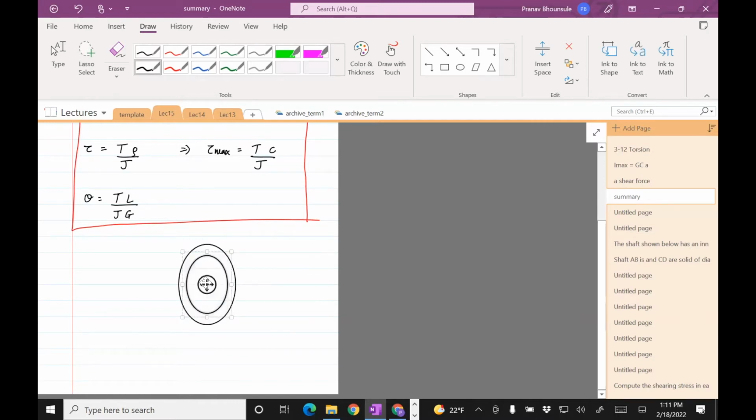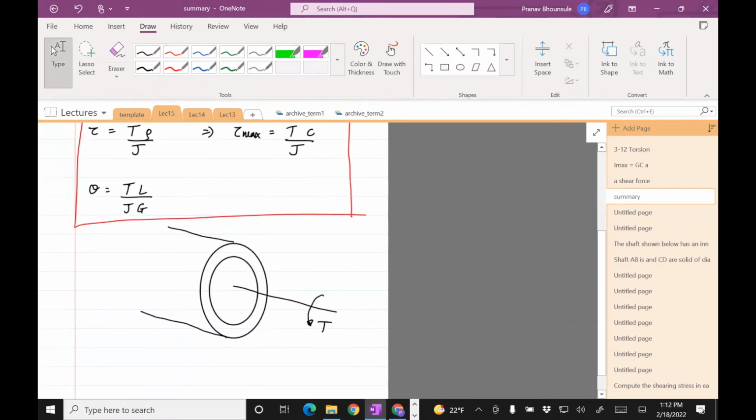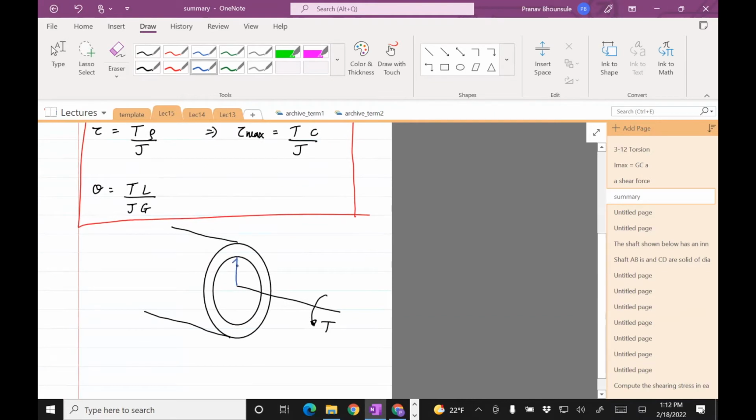I'm just drawing another radius. That's the shaft, the axis. This is the torque. This is rho, and C is the max of it.